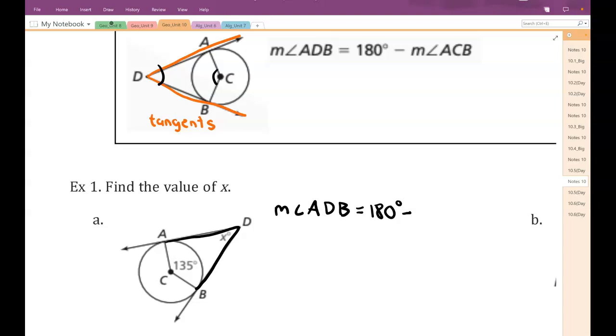So that's angle ACB. Measure of angle ACB, or you could say BCA, however you want to do it.